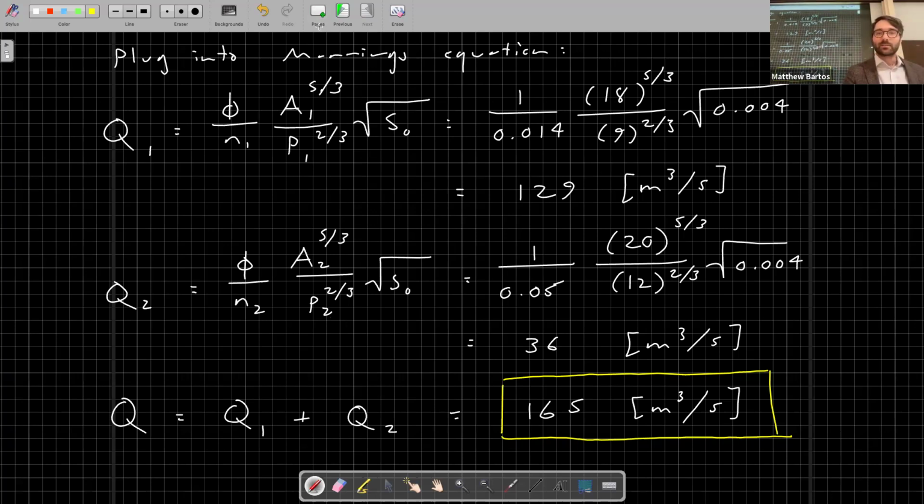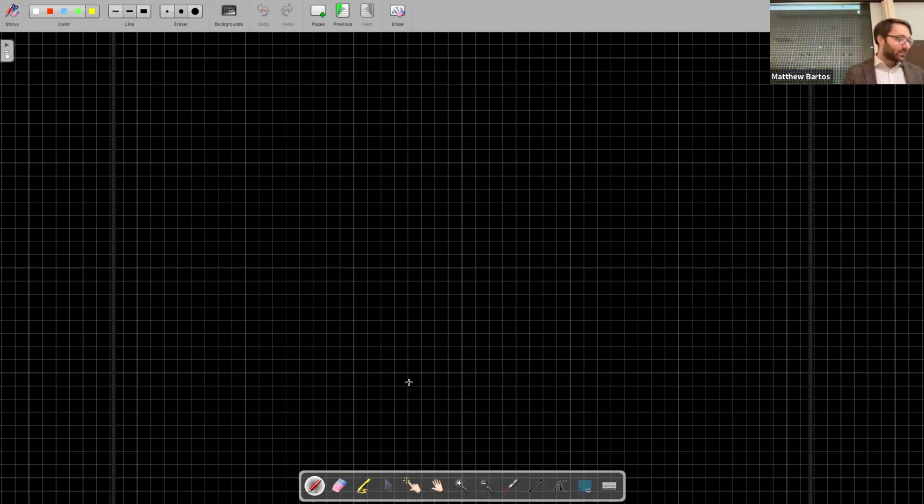So what I want to do first is give you a mystery problem. Let's consider flow in a channel. We're going to have some depth of water in the channel. This is a horizontal channel, and the bottom of the channel has a bump in it.